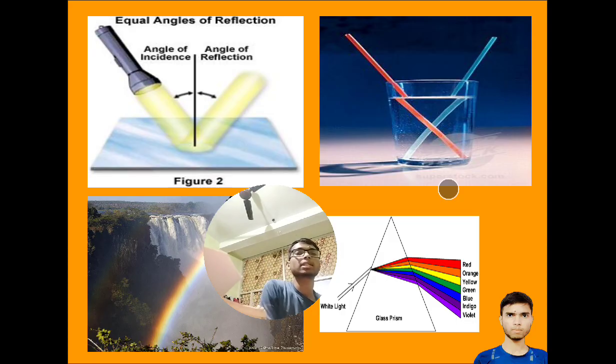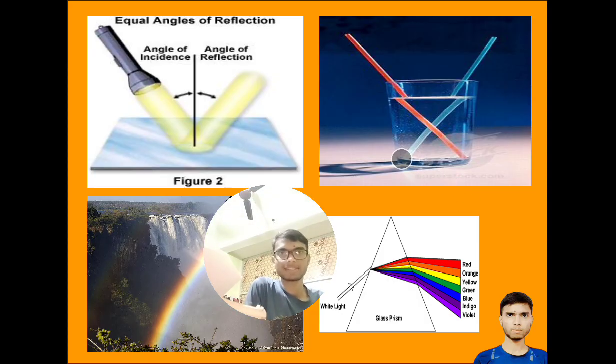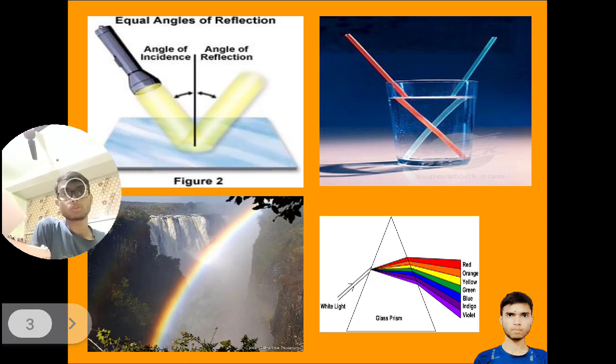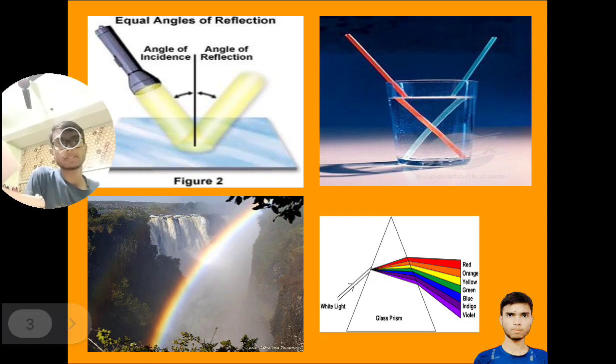Here the glass is not forming a shadow because the glass is a transparent object. Clear? So you saw the reason behind it. Now I was saying that the angle of incidence, if this angle is making 35, then this will also be 35.